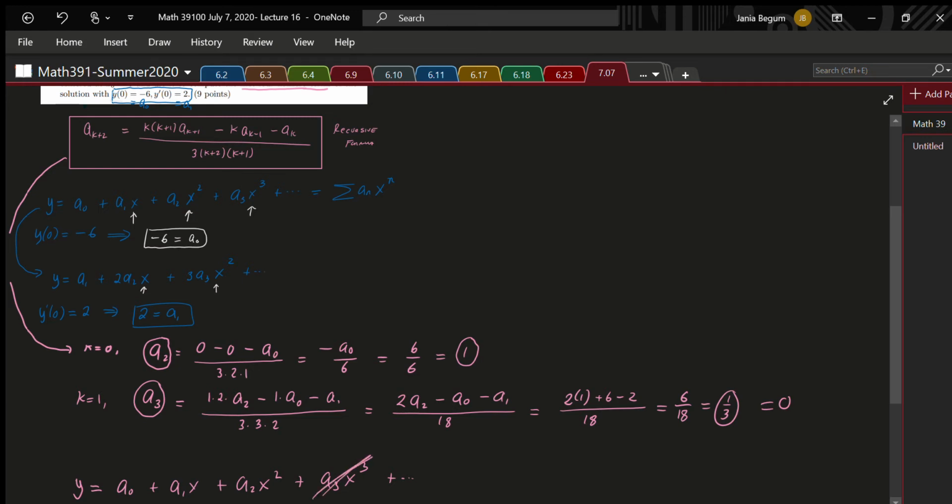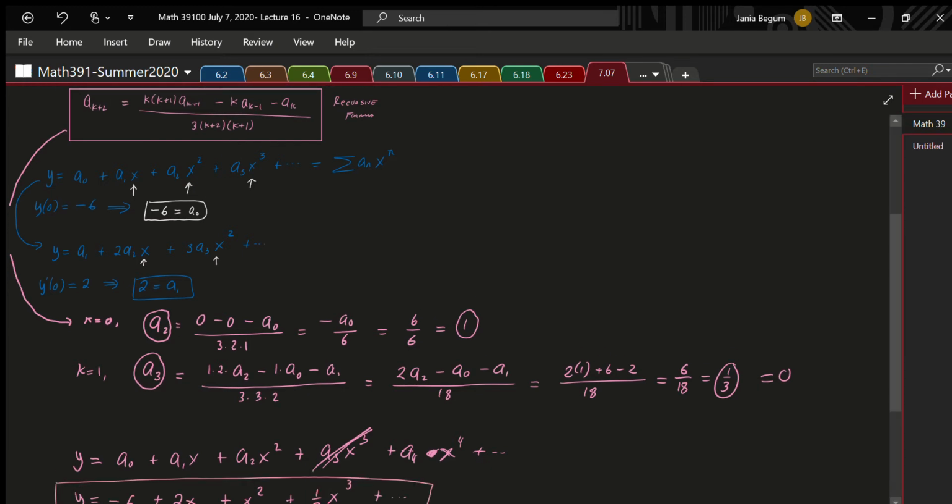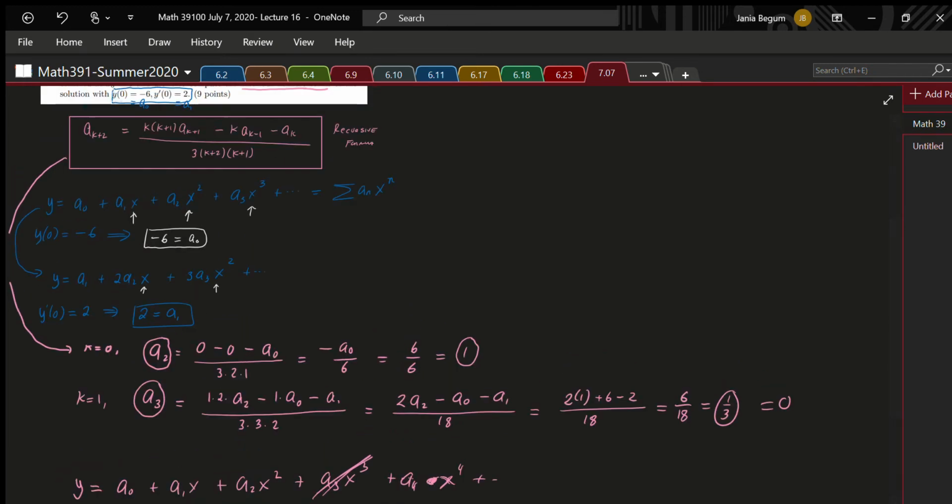So we don't have the 4 non-zero terms, so we have to go for the next term, a4 times x to the 4, right? So you have to write out the first non-zero terms, as many terms as they want. So in this case, 4, so we found all 4. All right, so that's that. Any other questions on this problem?